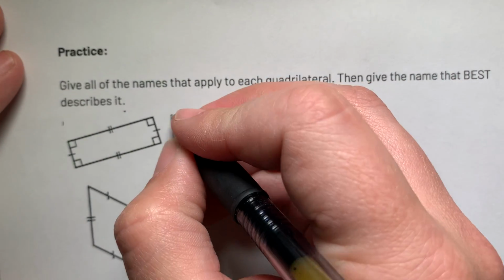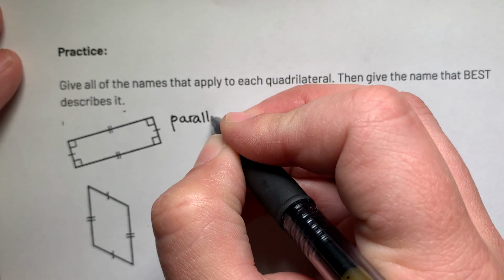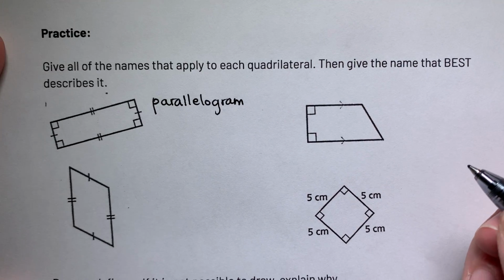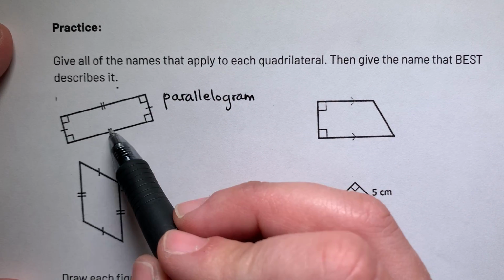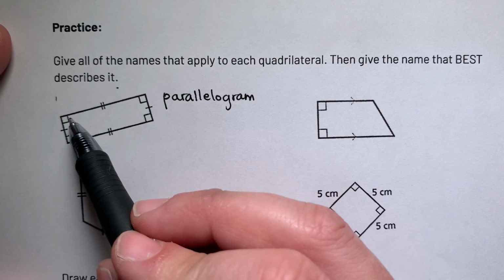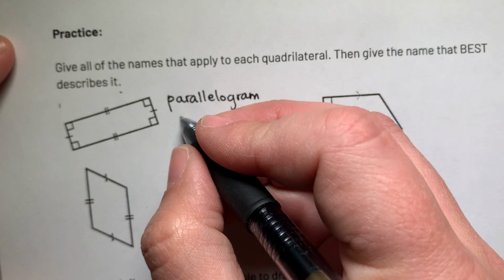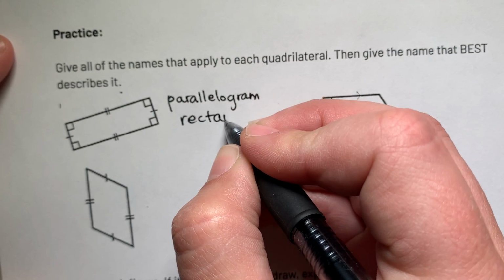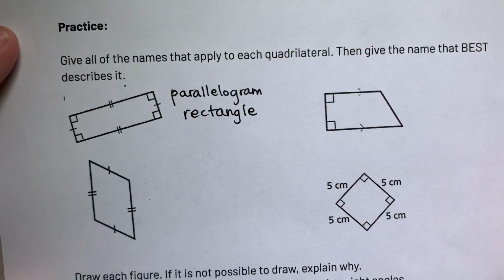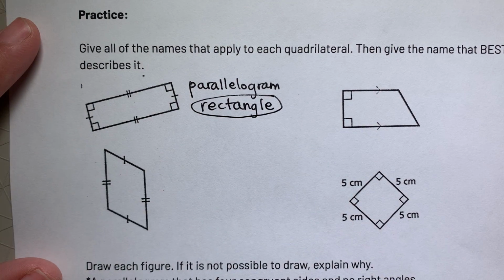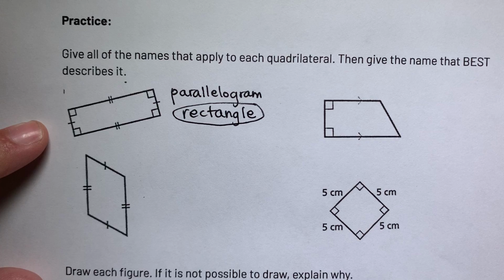All right, so right here, this is a parallelogram. Its sides are parallel. Now, if we look here, it has 4 right angles, which means that it is also a rectangle. And in the end, the rectangle, I'm going to circle it. Rectangle is the best name for this. That's what we would call it.